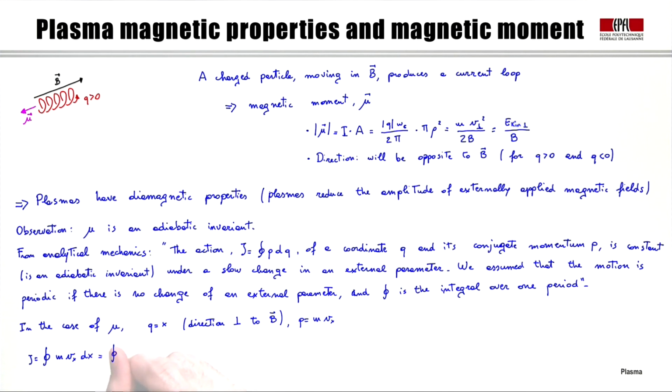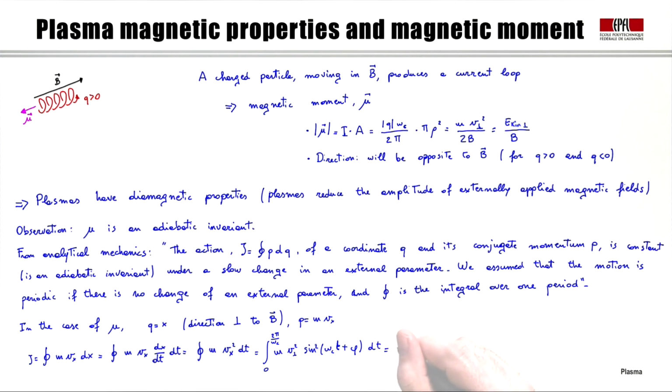We can divide and multiply by dt, which gives m vx squared dt. The integral over a gyro period can be written as the integral from time 0 to time 2 pi over omega c. We can write vx as v perp with the oscillating component, omega c t plus a gyro phase, and this needs to be integrated over time.